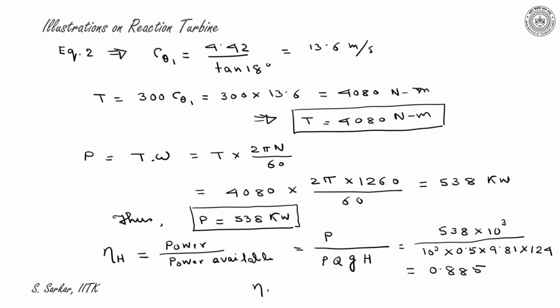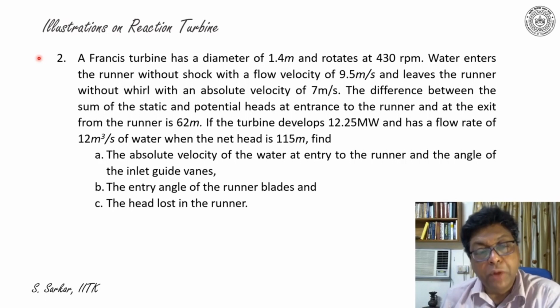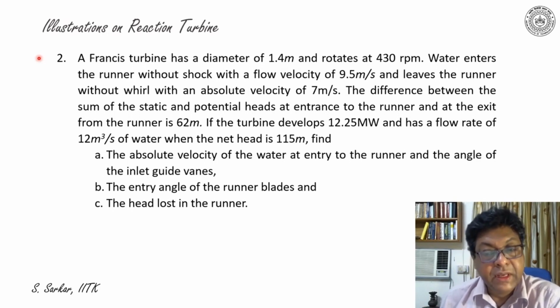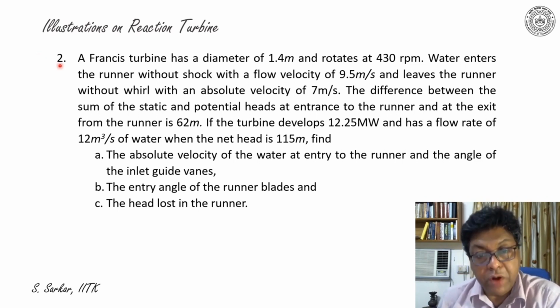Water enters the runner without shock with a flow velocity of 9.5 meter per second and leaves the runner without swirl with an absolute velocity of 7 meter per second. The difference between the sum of the static and potential head at entrance to the runner and at exit from the runner is 62 meter.